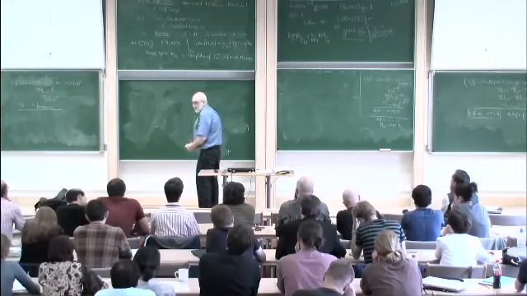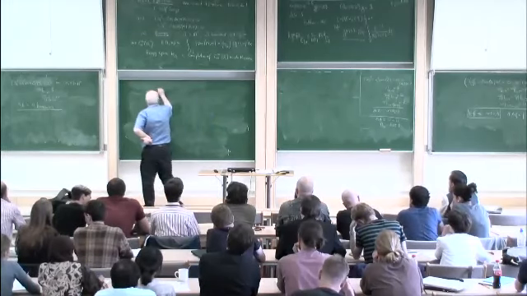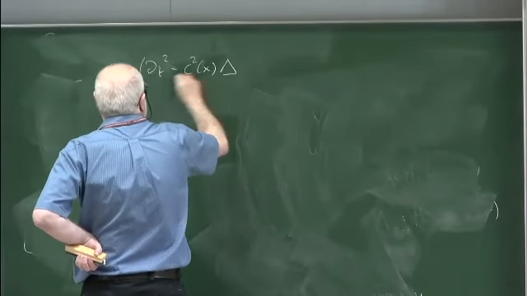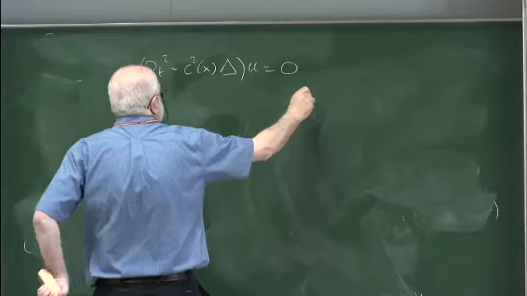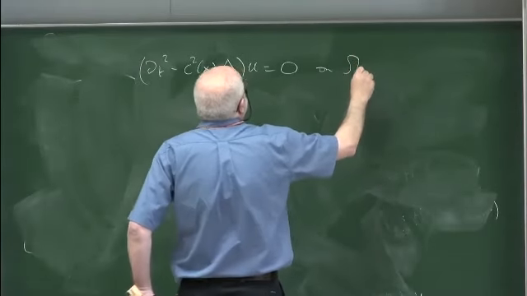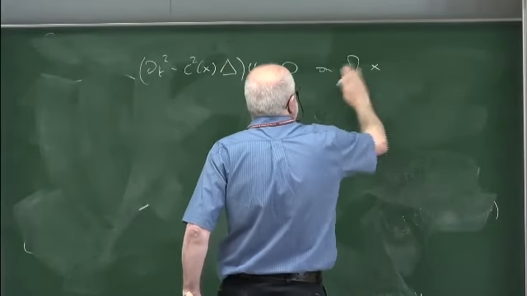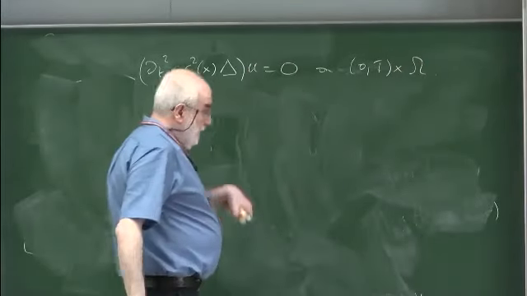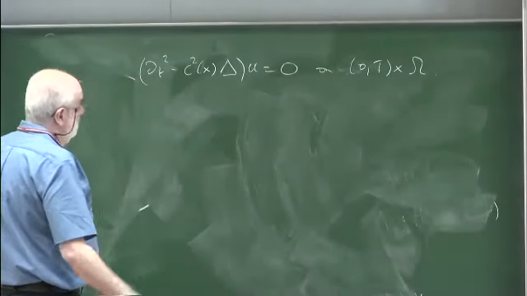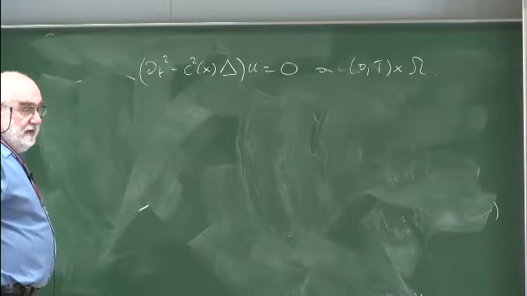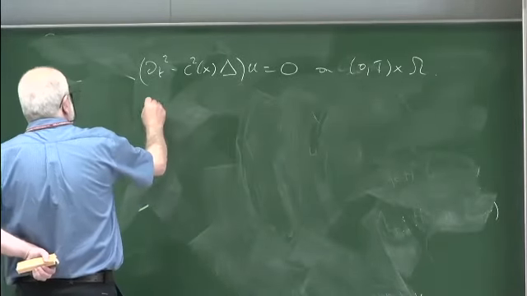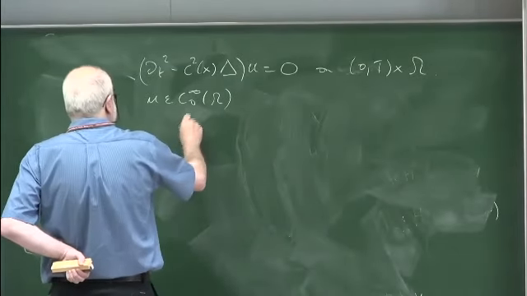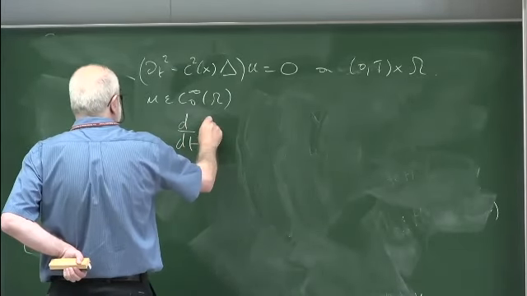Okay. And if you have a solution of the wave equation, then let's assume for the moment that U is in C0 infinity, then you have that the energy is conserved.